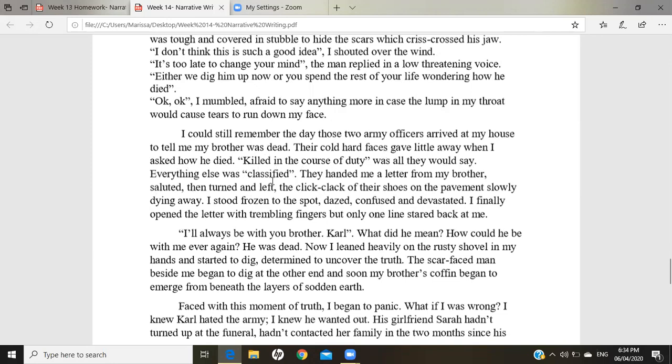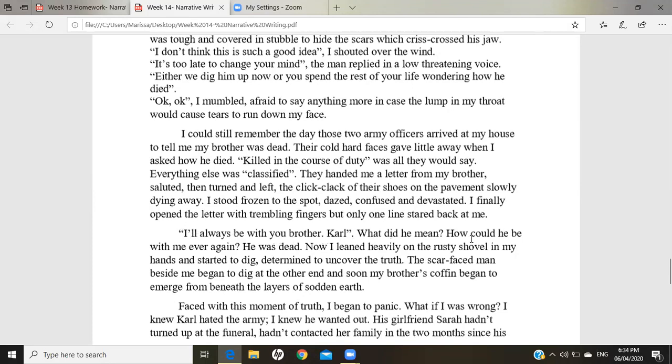Everything else was classified. They handed me a letter from my brother, saluted, then turned and left. The click-clack of their shoes on the pavement slowly dying away. I stood frozen to the spot, dazed, confused, and devastated. I finally opened the letter with trembling fingers, but only one line stared back at me. I'll always be with you, Brother Cal.